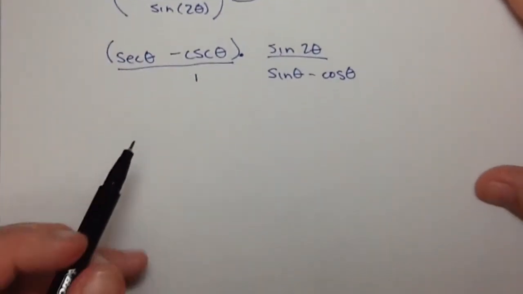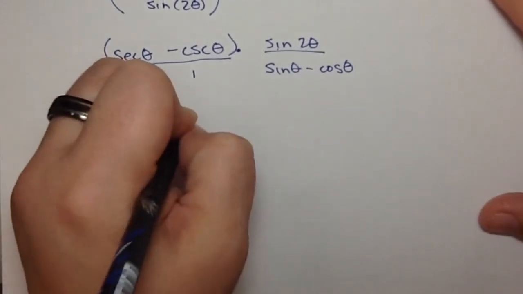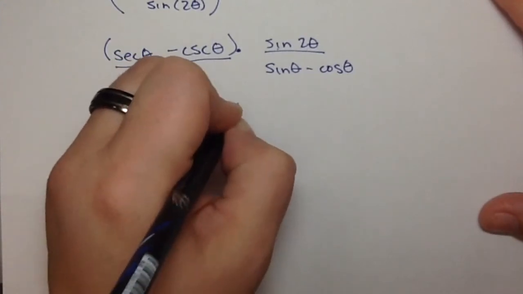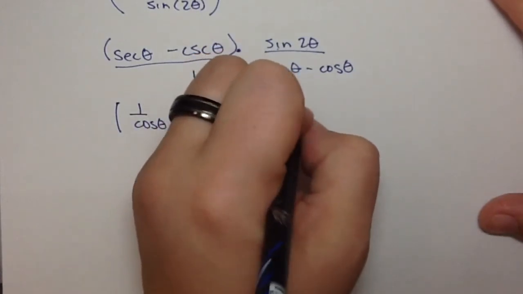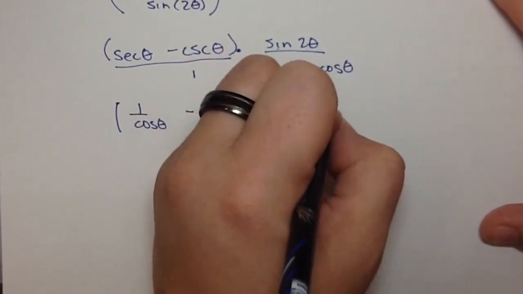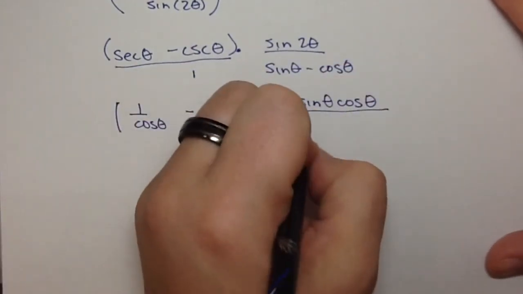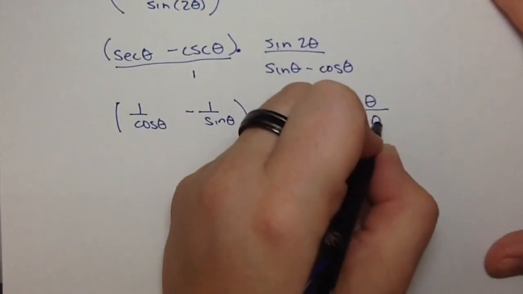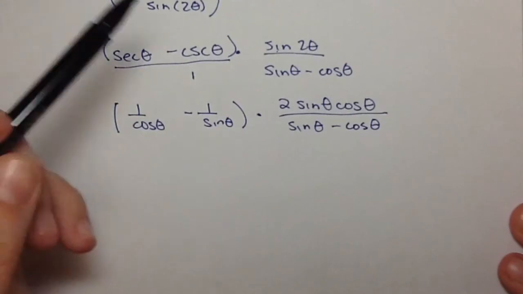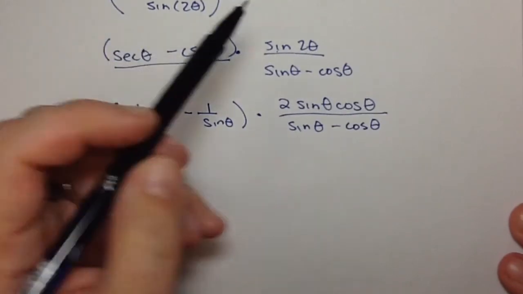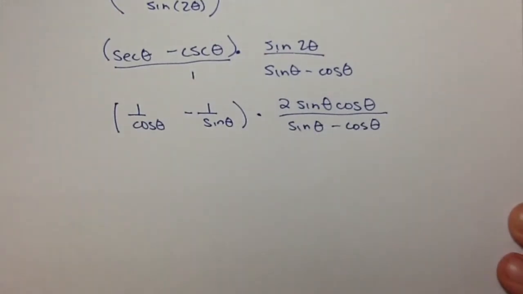So we've got 1 over cosine theta minus 1 over sine theta times 2 sine theta cosine theta over sine theta minus cosine theta. Okay, so again, we went from secant to 1 over cosine, went from cosecant to 1 over sine, and expanded sine of 2 theta out to 2 sine theta cosine theta.